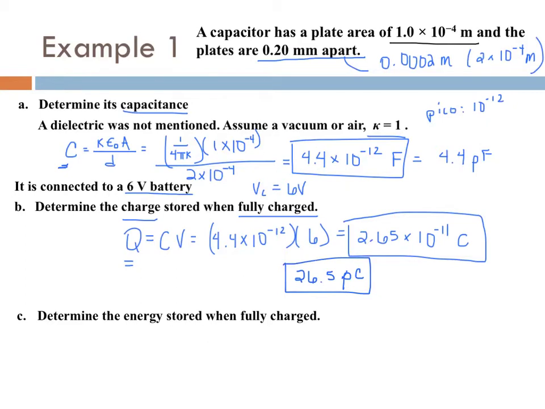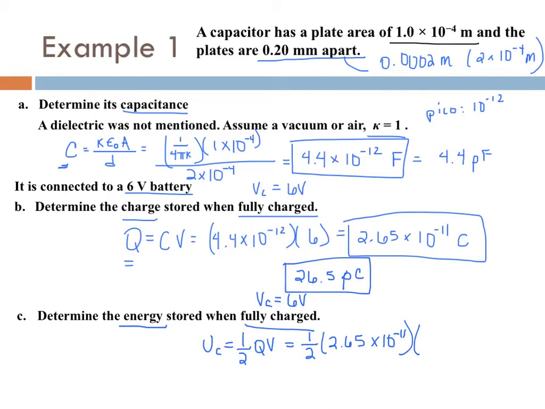And the last one, we're asked to determine the energy stored when it is fully charged. Again, fully charged means that the voltage across is equal to the voltage of the battery. So, our energy is going to be equal to 1/2 Q times V. We now have Q. Now remember, you could have also used the other equation for energy, but that one has a squared in it, and that's the one I tend to forget myself.